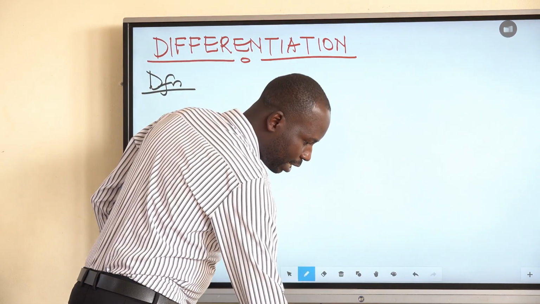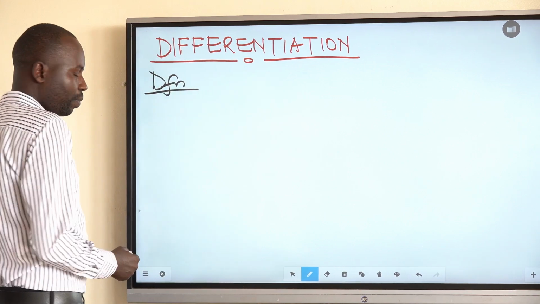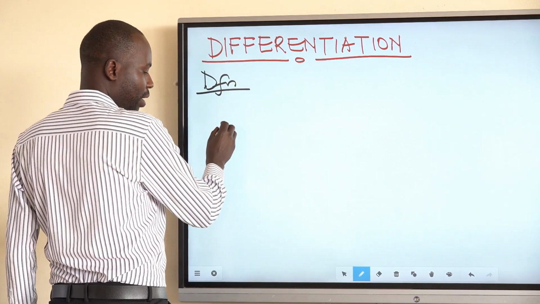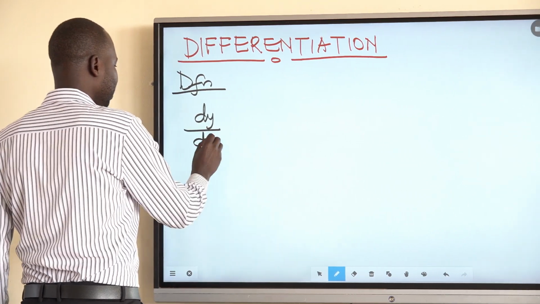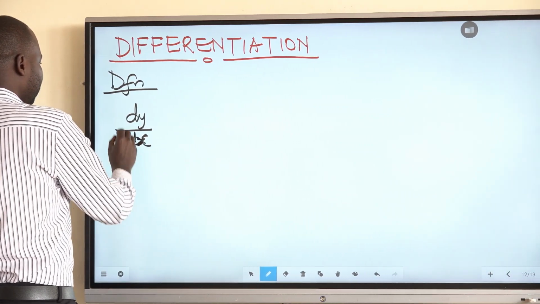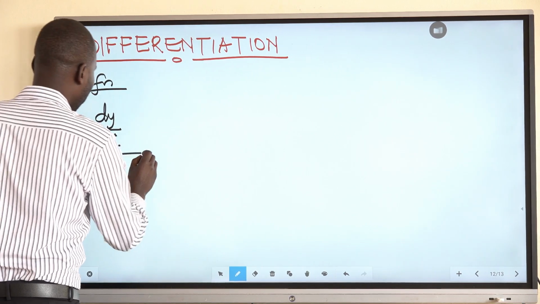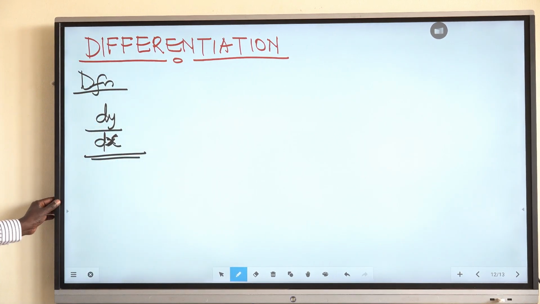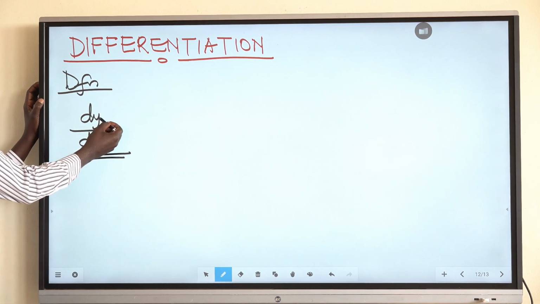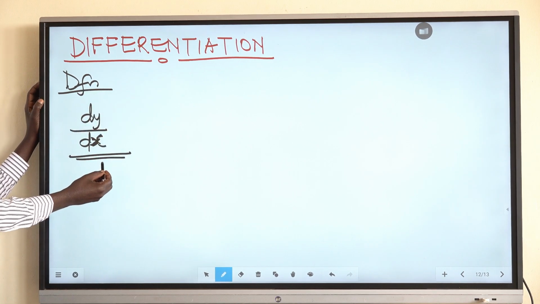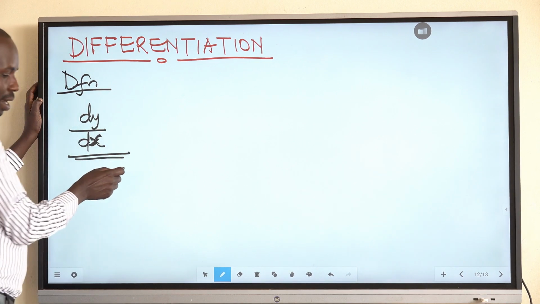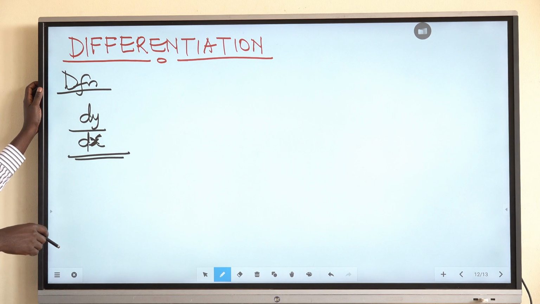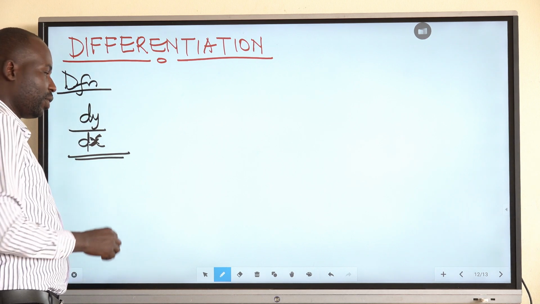Now, when we are dealing with differentiation, you need to learn this: dy dx is commonly used. And someone should know what it means and how it is pronounced. Some people may think that this is dy divided by dx, which is not correct. This one is read as dy dx, and it is a rate of change and not a fraction.